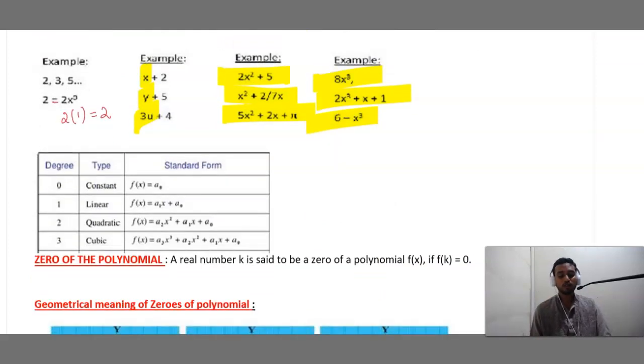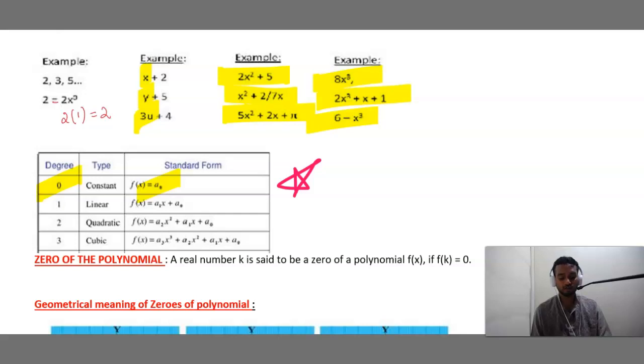Now, very important. This is very important. They may ask you, what is the highest degree of a constant polynomial? Yes, we all know it is 0. So they may ask you to write or identify the standard form of a linear polynomial. What is the standard form of a linear polynomial?